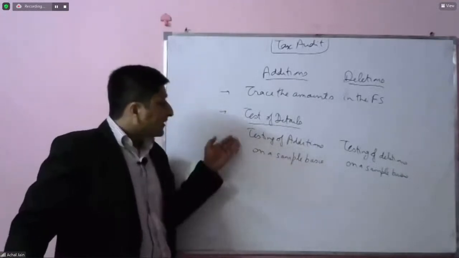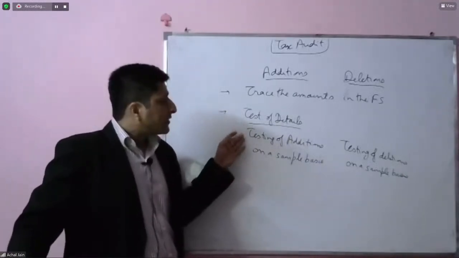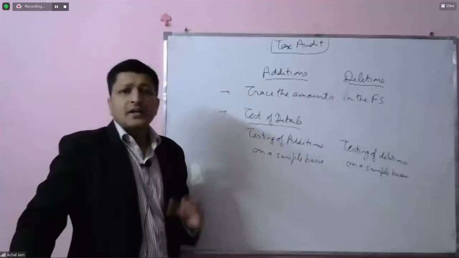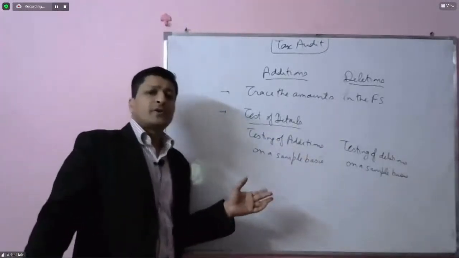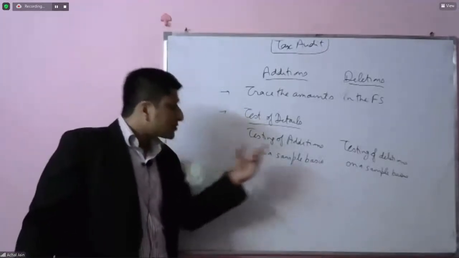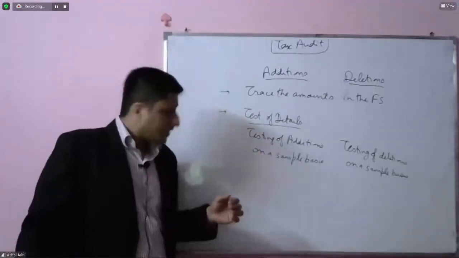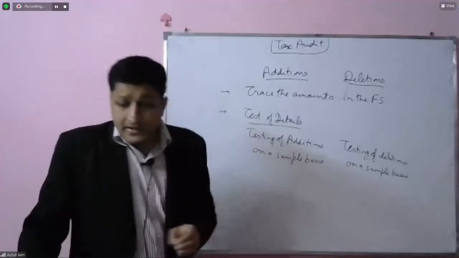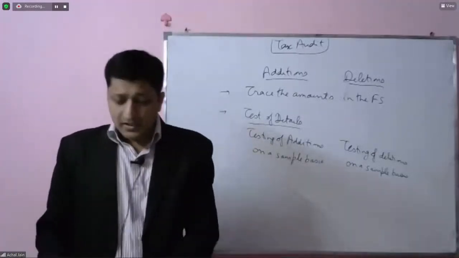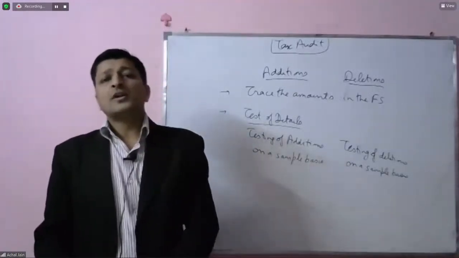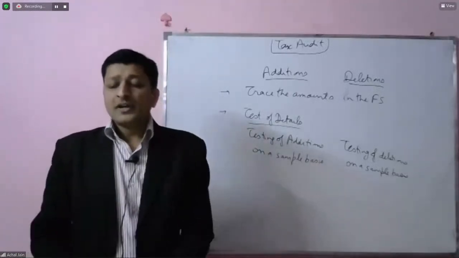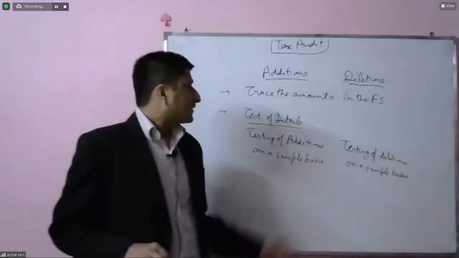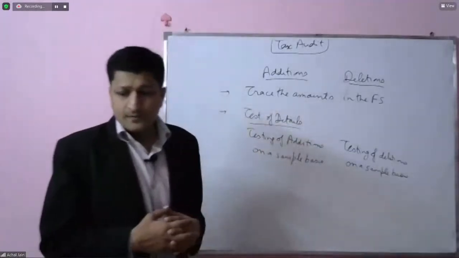Now the extent of this testing, whether on addition or deletion, may be cut down by the tax auditor if he would have performed the statutory audit. Why? Because he would have also performed the testing of additions over there. It is not necessary that because the statutory auditor performed the statutory audit, he will not look at the testing of additions.